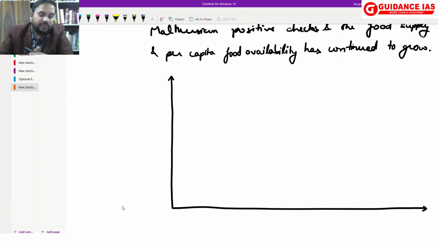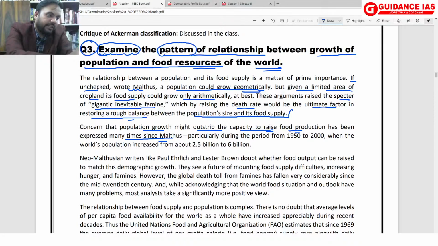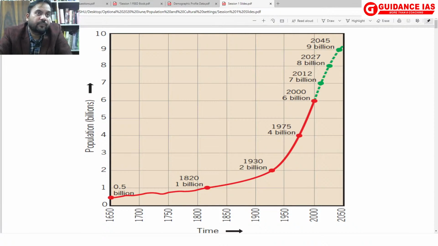If I have information, for example if I have this information, can I use this information of population growth? Yes or no?